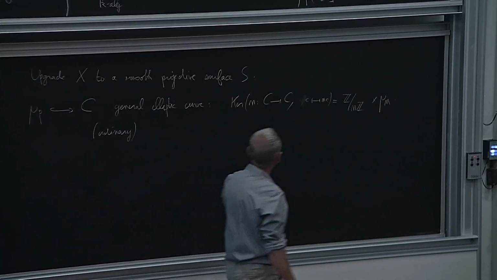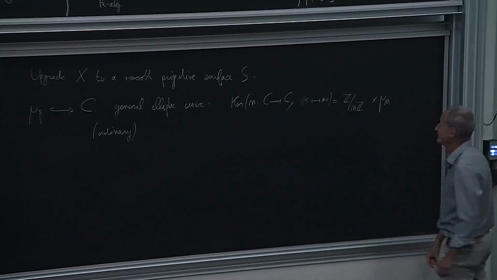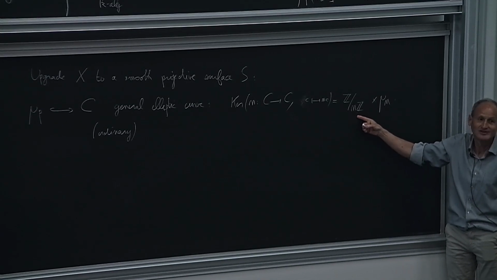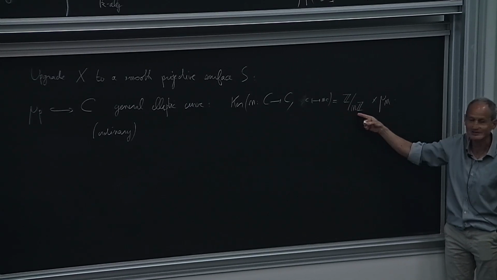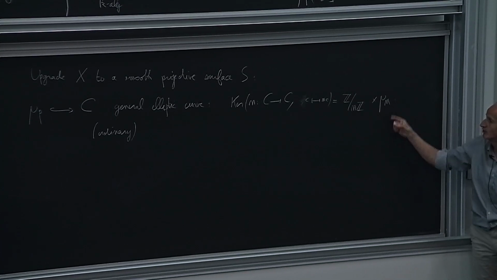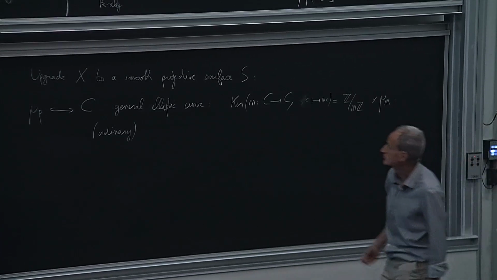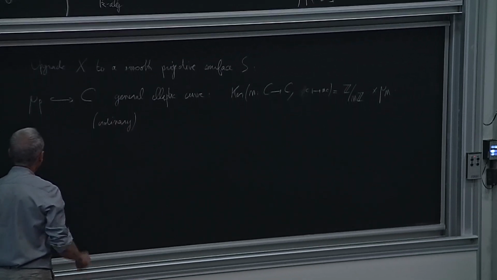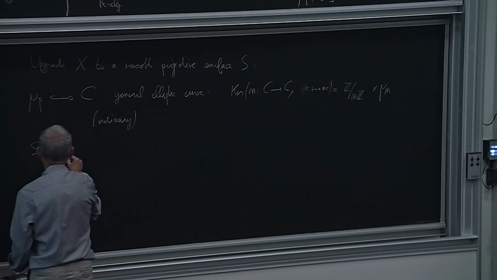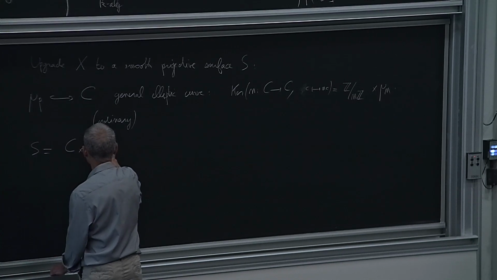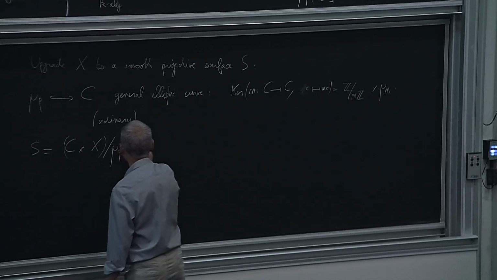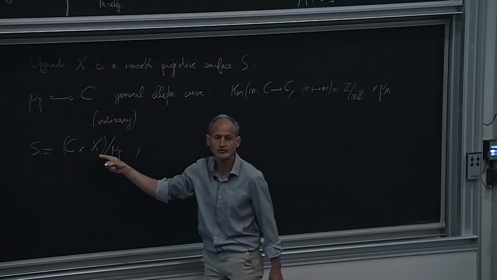But if you take any curve, first of all, you have fewer p-torsion points than usually. You only get Z mod p, but there is still one mu p. So what you do is the quotient of C times X, where mu p acts simultaneously on both sides.